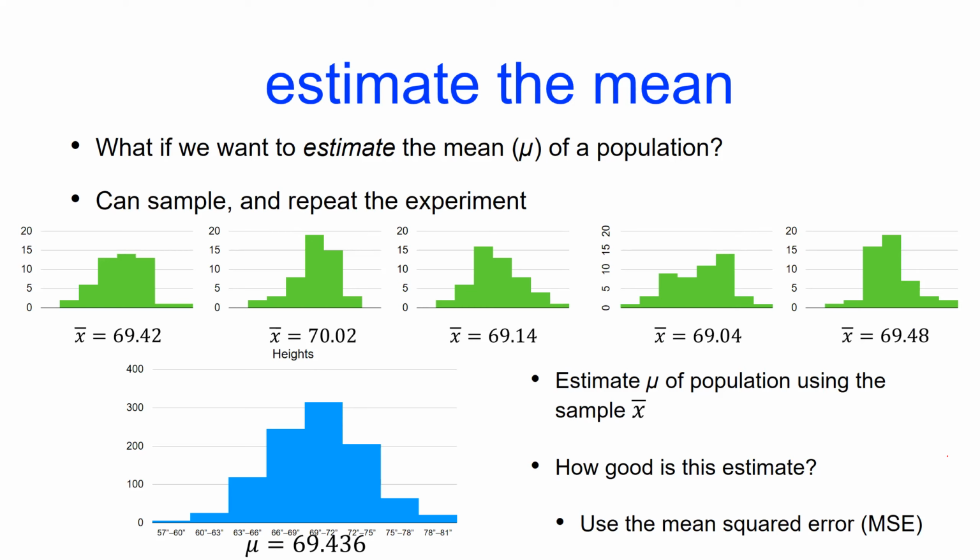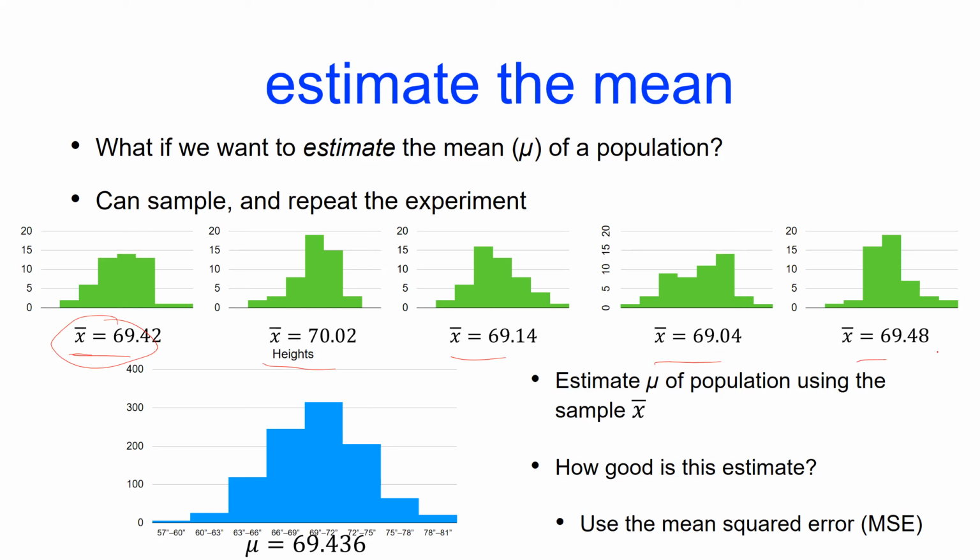For each subgroup, we can calculate the sample mean. As I mentioned, you just add all the observations together and divide by the total sample size, and you get your sample average. The first time the sample average is 69. The second time you get something slightly different.